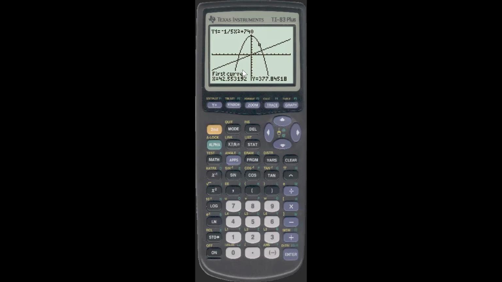First curve. What the calculator is trying to tell you is to pick a place on the first curve that's nearby the intersection. So get somewhere kind of where mine is. It doesn't have to be exact, and then hit enter when you've gotten to that place.